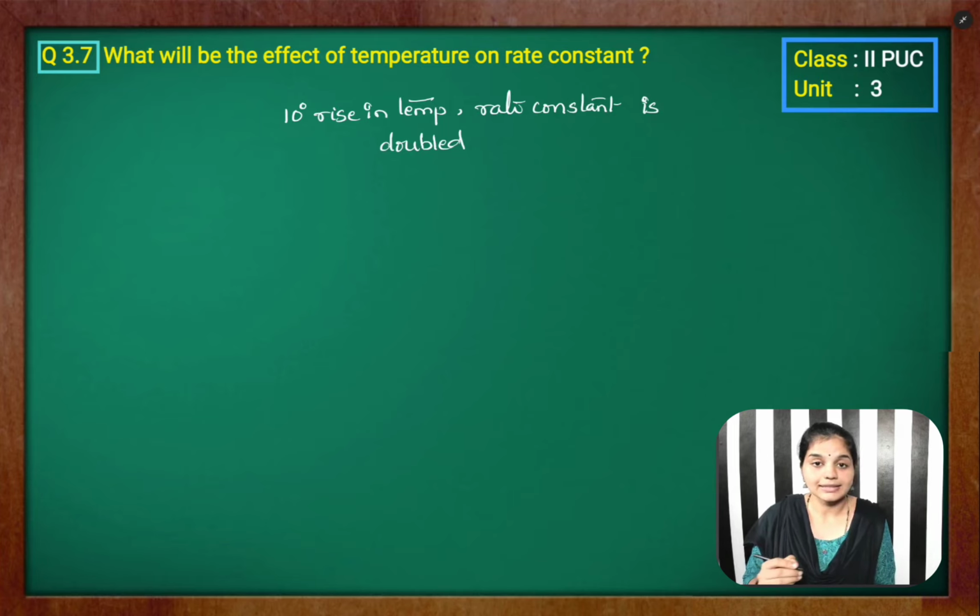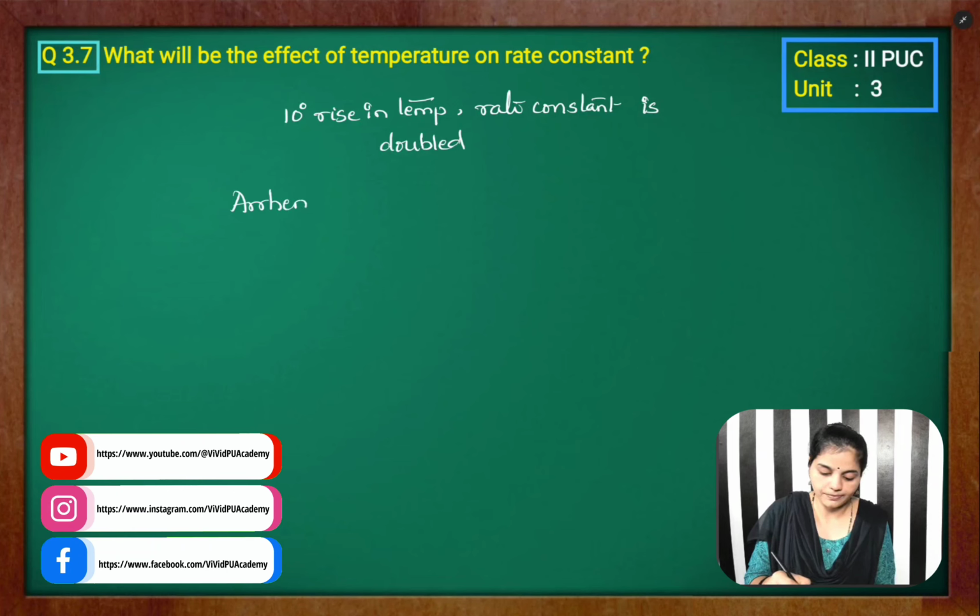And this relation is quantitatively told by the Arrhenius equation, which is written as K is equal to A into e to the power minus EA divided by RT.